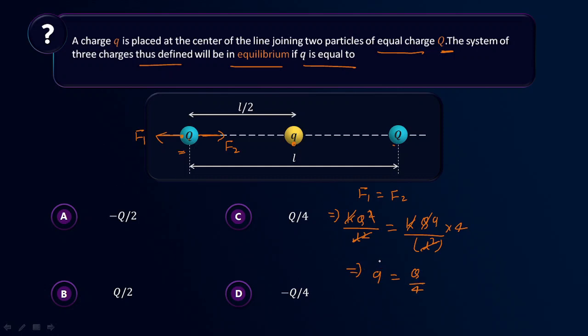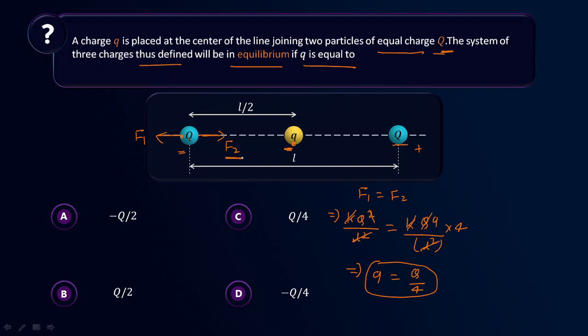Now Q by 4, this is plus or minus. So see here, if we consider capital Q charges as positive charge, then this small q should be negative. The system of three charges will be in equilibrium. Since the sign is not given, this capital Q we consider as plus charge, so this small q should be negative.